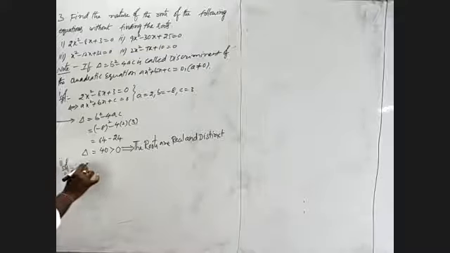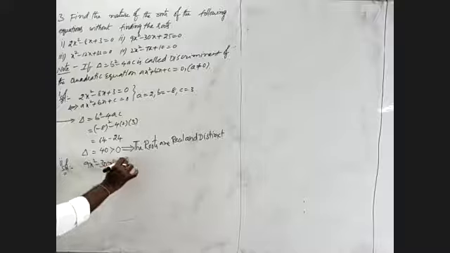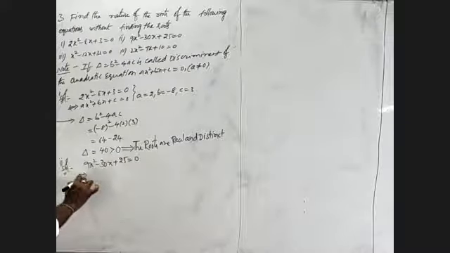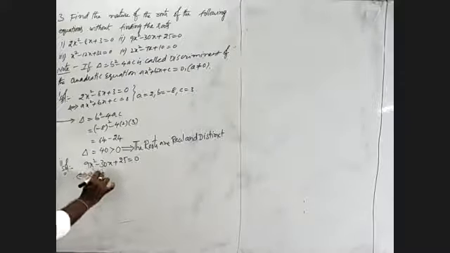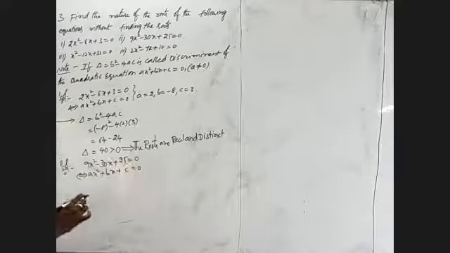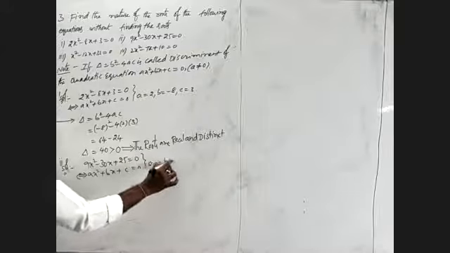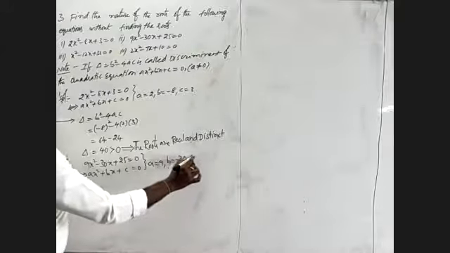That is, what I am asking, 9x square minus 30x plus 25 is equal to 0. The given one can be compared with ax square plus bx plus c is equal to 0. So I have to compare their values, where a is 9, b is minus 30, c is 25.